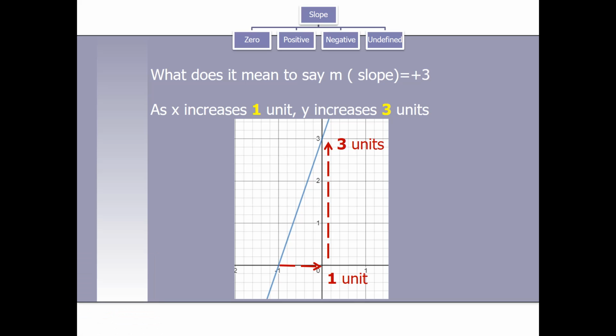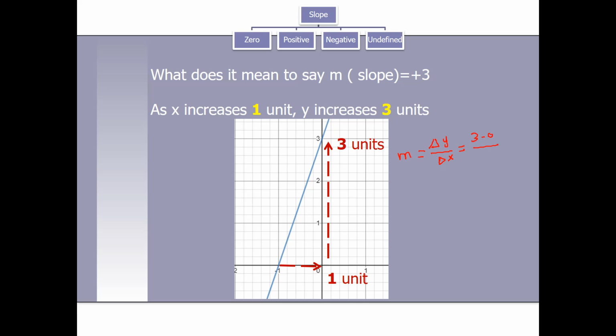Sometimes we say delta y by delta x, that is the slope. This symbol is the Greek symbol; we read it delta. So what is the change in y? Y changed from 0 to 3, so the change here is 3 minus 0.